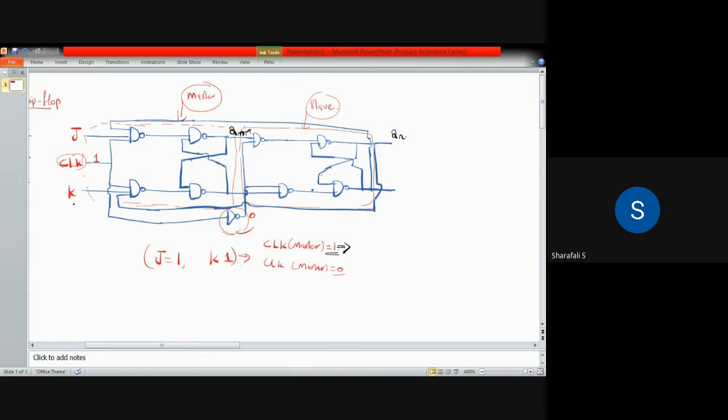J equal to 1, K equal to 1. Let's say Qm is the state of the master, and Qn is the state of the slave. So Qn will be fed into this part as input. J equal to 1, K equal to 1, clock is also 1 in this case. So this Qn will be toggled in this particular case. Okay, so we'll get Qn bar here.